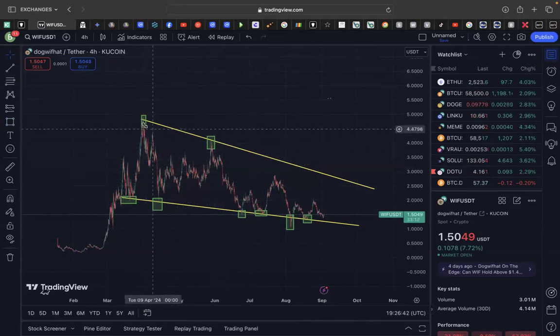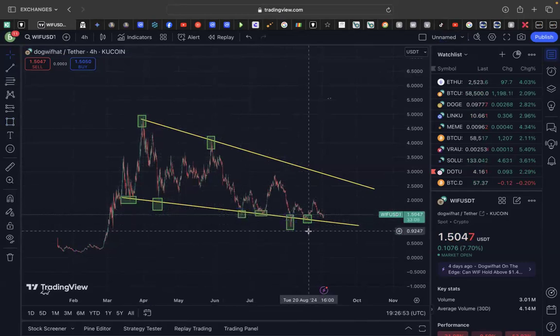Then on the support, we have 1, 2, 3, 4, 5, 6 different touches.